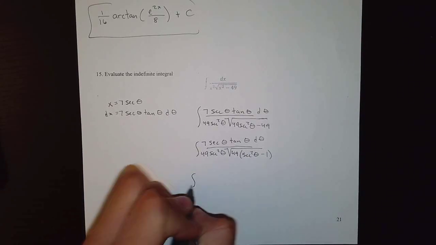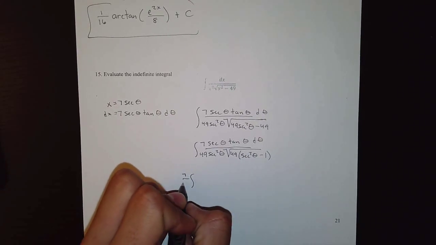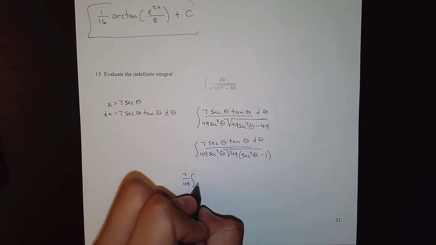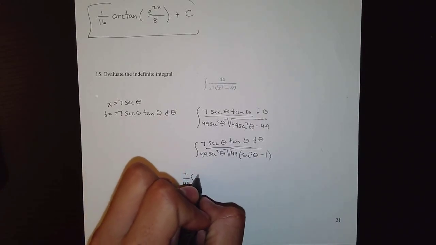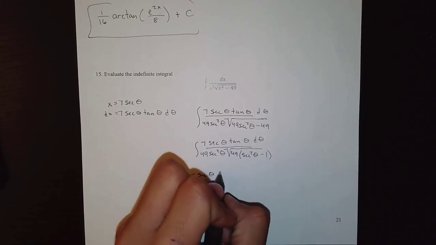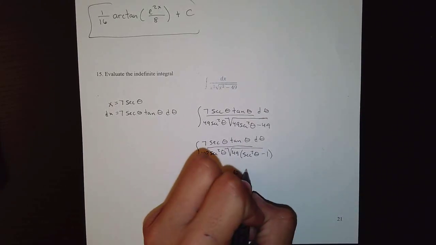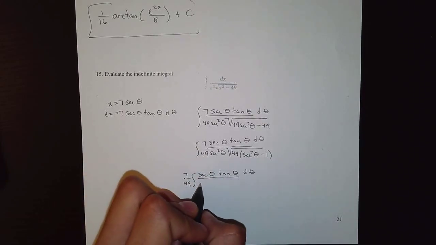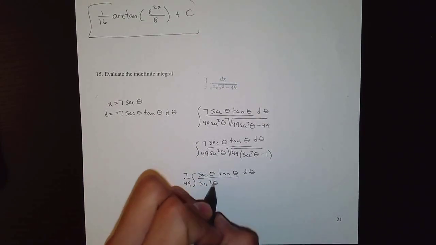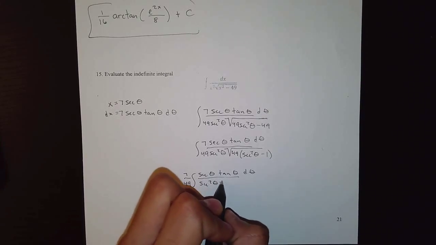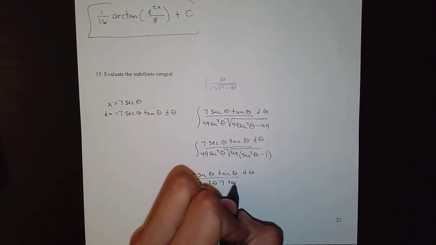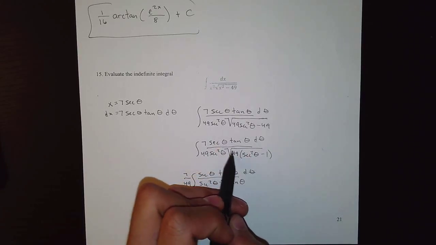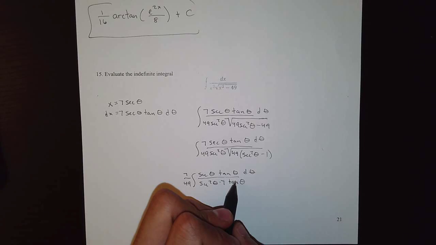And so now we have 7 divided by 49 secant theta tangent theta d theta divided by secant squared theta times 7 tangent theta, because this is 49 tangent squared theta, and when you take the square root of both of those, you just get 7 tangent theta.